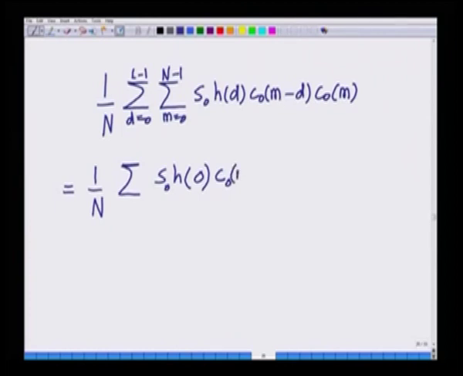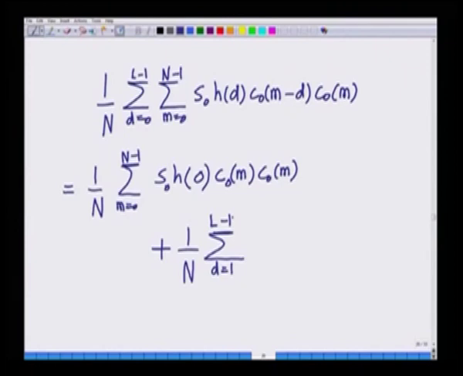Hence, this is simply C0 of m into C0 of m, summation m running from 0 to n minus 1, plus something for the rest of the paths. So, this is plus 1 over n summation d equals 1 to L minus 1.